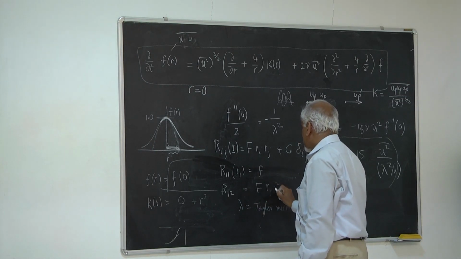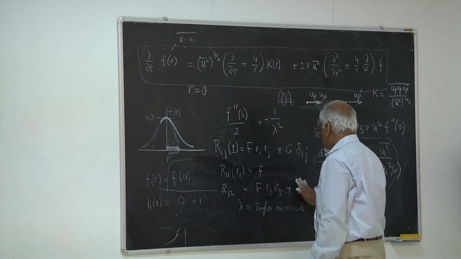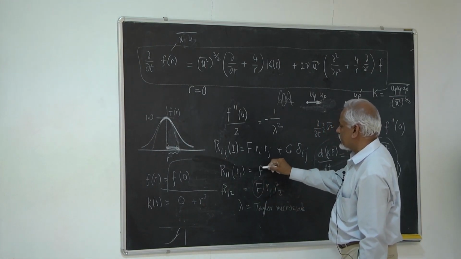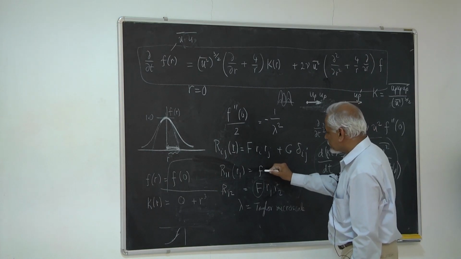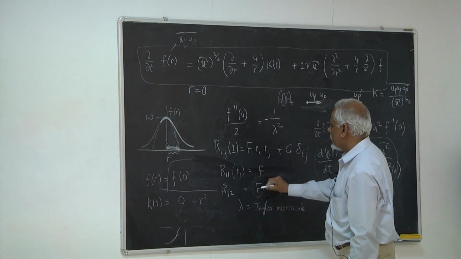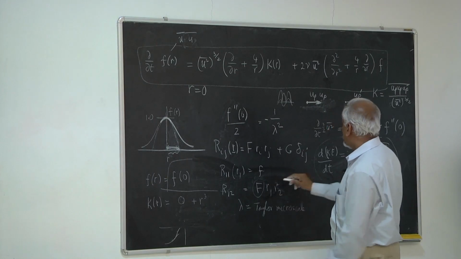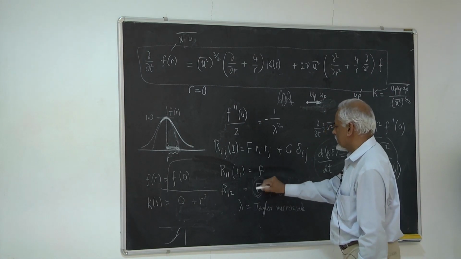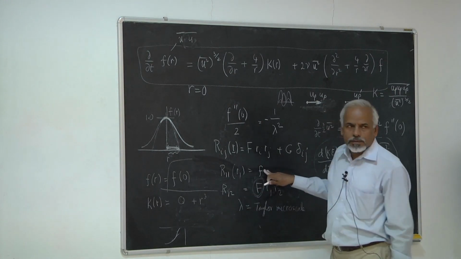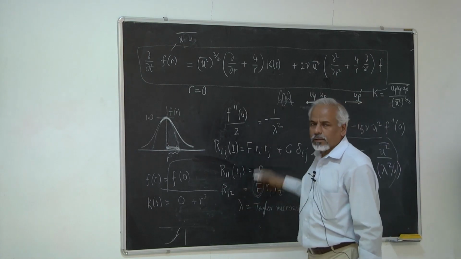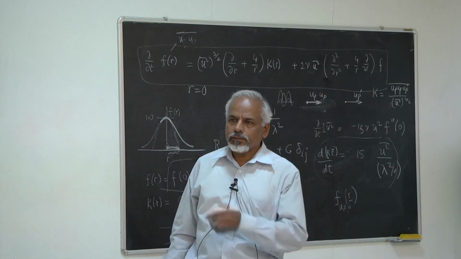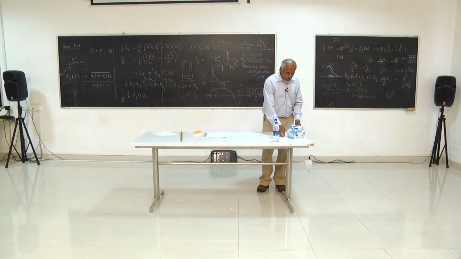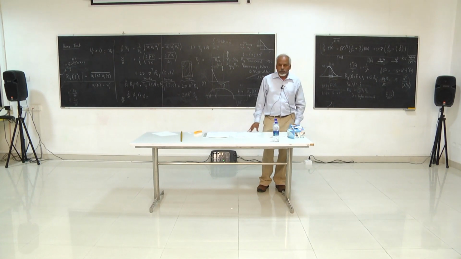Now R12, you put i equal to 1 and j equal to 2. So this is f R1 R2 plus g, the g will go away. So I have that, and f now is represented in terms of this f, and somewhere is that relation. So there will be something relating to f here. So R12 can also be represented in little f. Similarly, everything else can be represented in terms of f. Anything you want. So that's the nice thing about isotropic turbulence, because you have just one quantity to worry about.